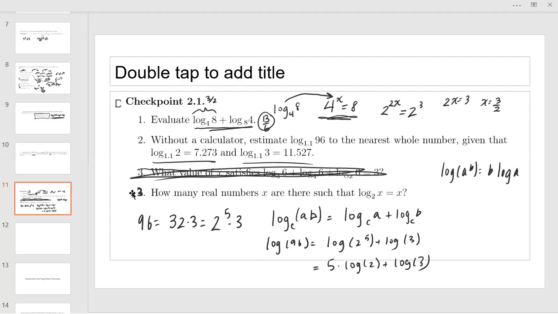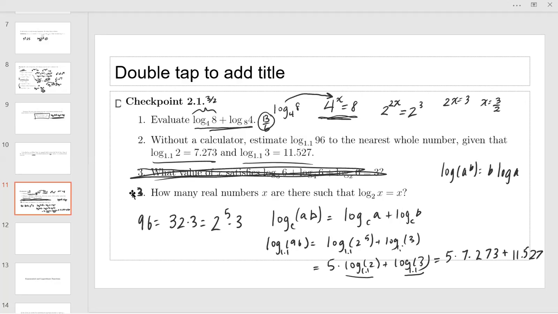And we have 1.1 in the base everywhere. And we are given these values in the problem. And our desired value is 5 times 7.273 plus 11.527, as we have these values from the problem.